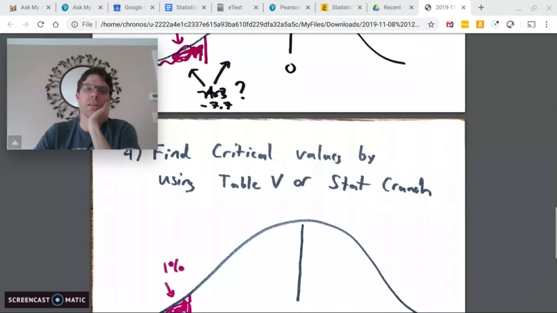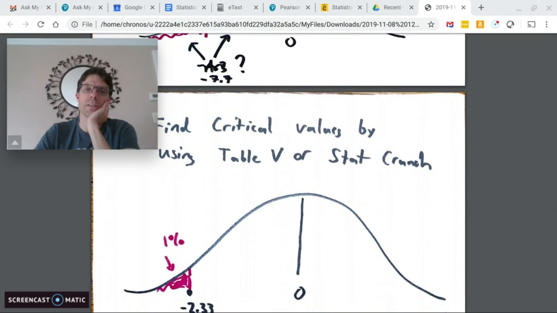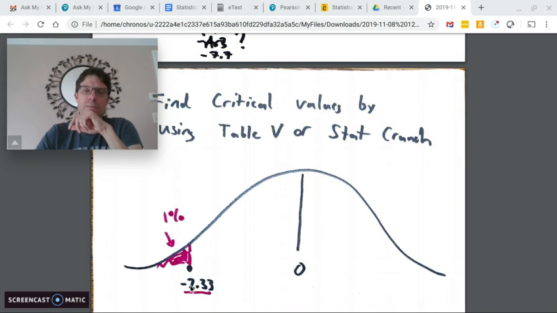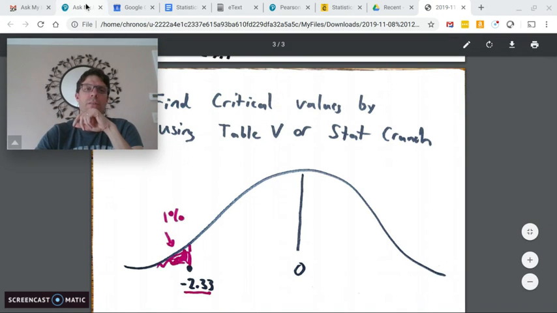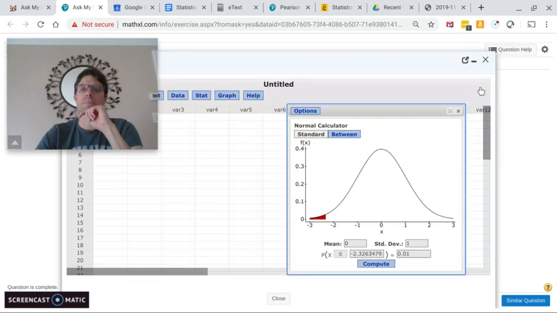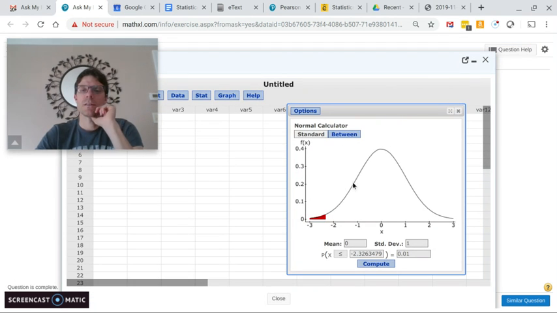So now we just need to use StatCrunch to find the critical values, or we could also do it with a table. I calculated negative 2.33. I'll show you how to do that real quick. It's just using the normal curve calculator on StatCrunch. So I jumped that up and let me delete this.